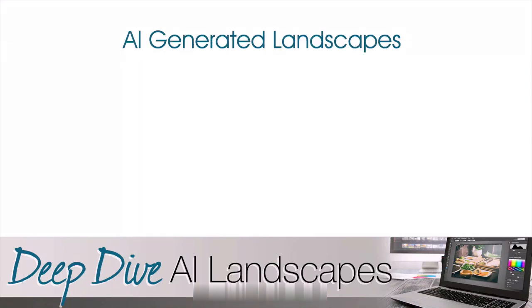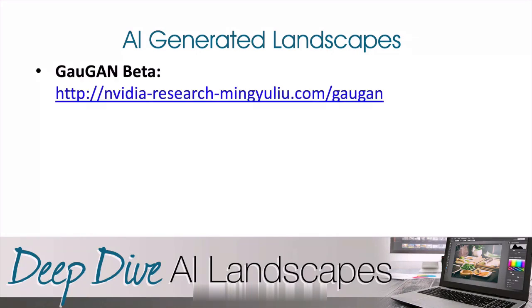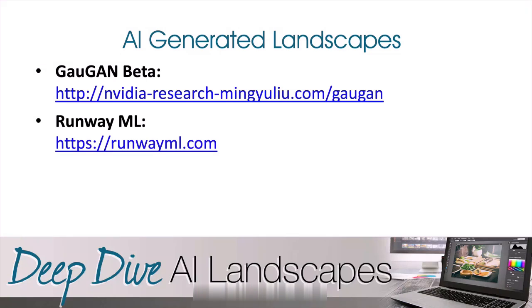So the technology that we're going to be digging into in this training, first is GAN Beta, which is being developed by the software company NVIDIA. And they're well known for creating video cards for computers and stuff like that, but they also do a lot of research as well. And then the second one is called Runway ML, ML standing for machine language.